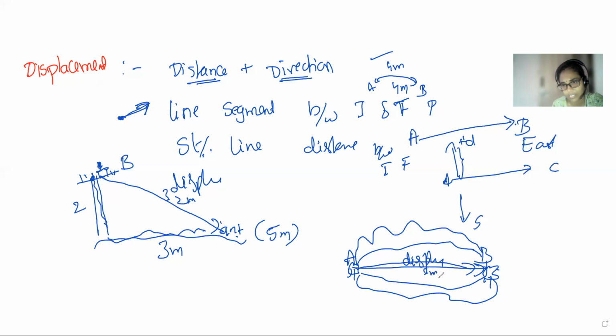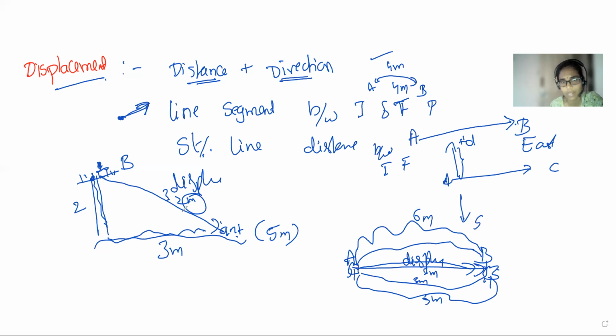Let us take this as 2 meters, but here it may take 3 meters, or 5 meters, or 6 meters. All are distances. Okay, even displacement is also a distance, but displacement means the shortest path. Even displacement we measure in terms of length only.